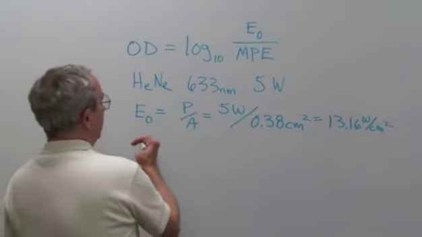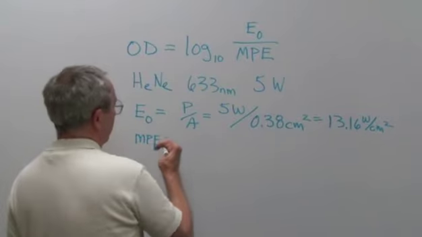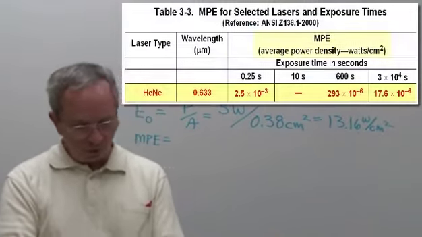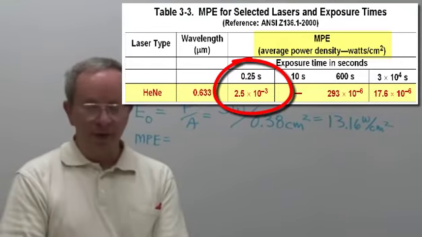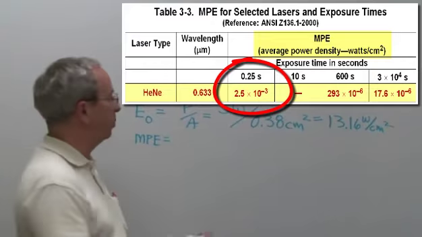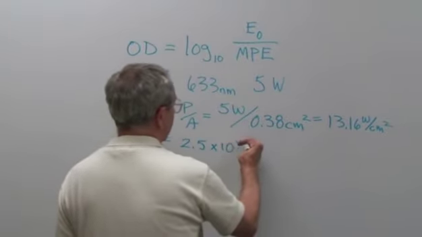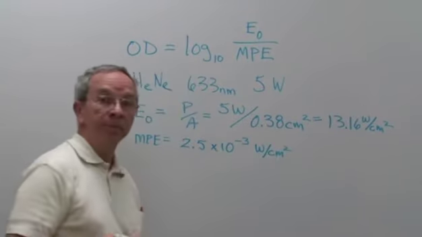And if you look up in table 3 of your book for the MPEs for the helium neon laser for 1/4 of a second, you'll see that the MPE would be 2.5 times 10 to the minus 3 watts per centimeter squared.